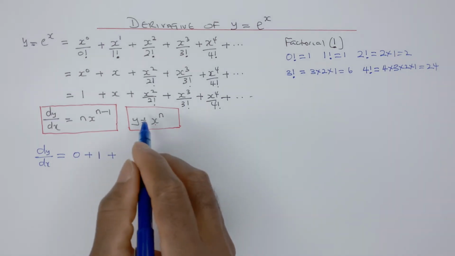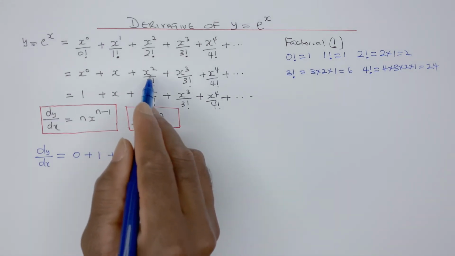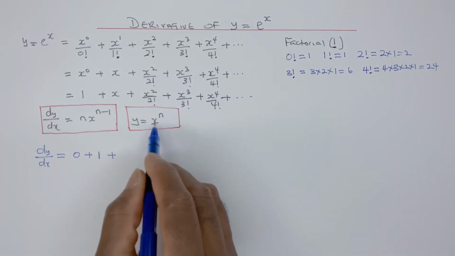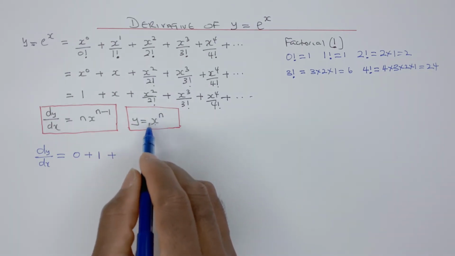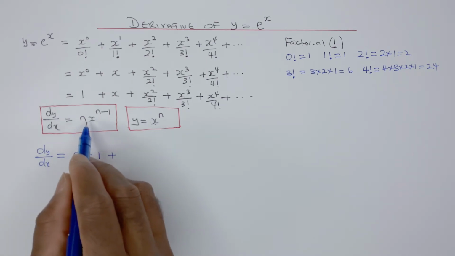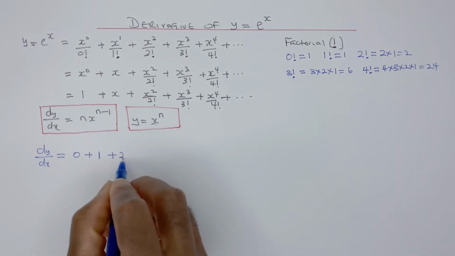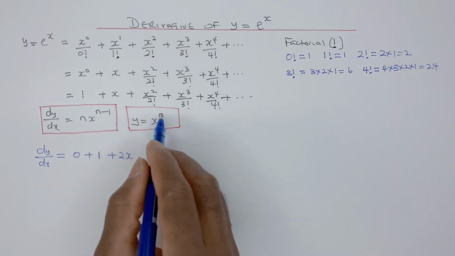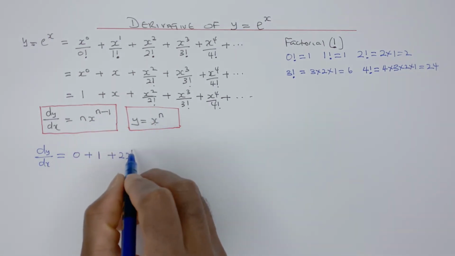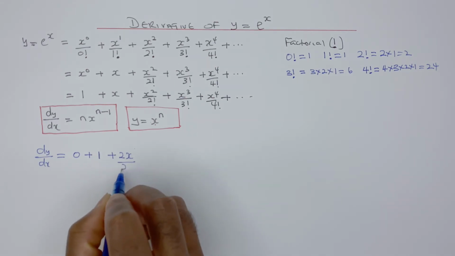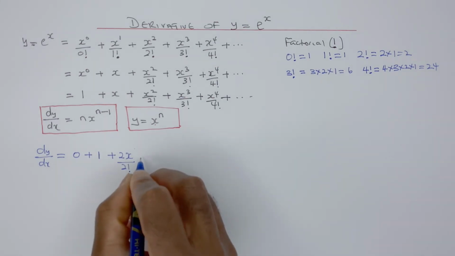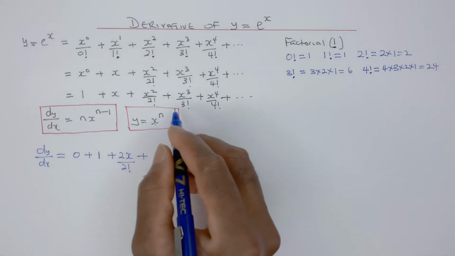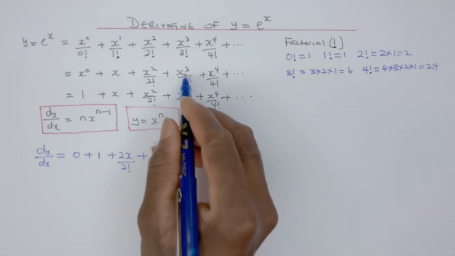Plus. Now, this one is x squared. So there's 2 here, which means I need to bring the 2 down. So that's 2, then x to the power of 2 minus 1, which is 1, over 2 factorial, plus, okay, that one, x cubed.